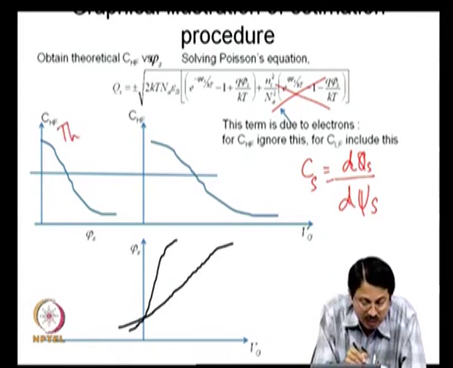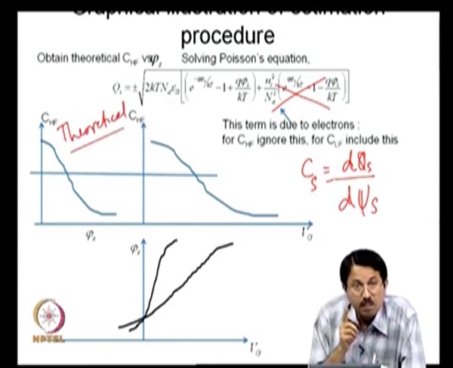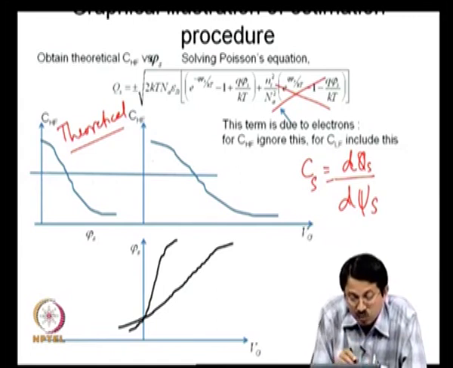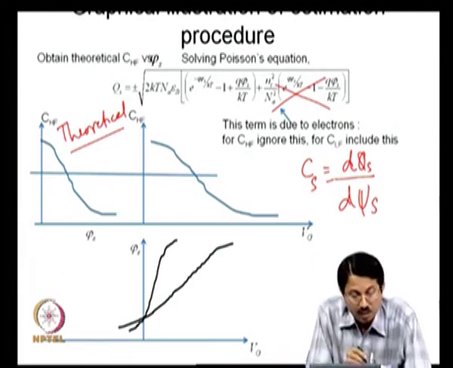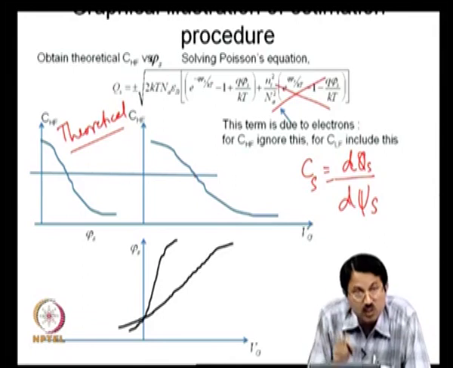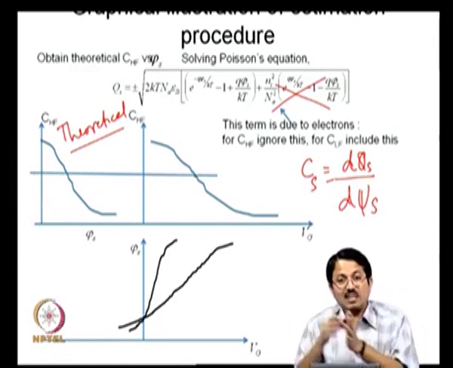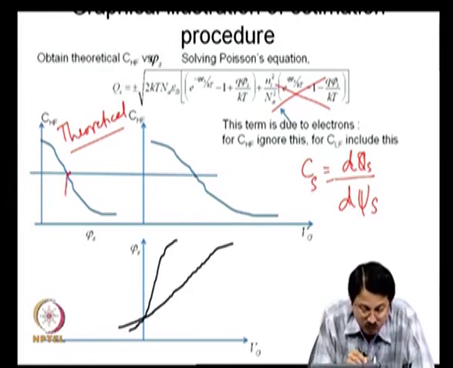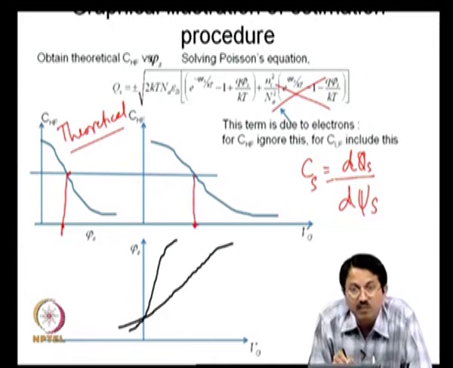So, this is theoretical, right. From theory I have been able to generate this, but this value of capacitance uniquely corresponds to my measured CHF versus Vg, I have measured it. This psi s uniquely corresponds to the same band bending, because only when you have that band bending will you get this capacitance, because it is C ox in series with C silicon, and hence for every capacitance value you have a unique value of psi s, and this unique value of psi s maps to a unique value of Vg.